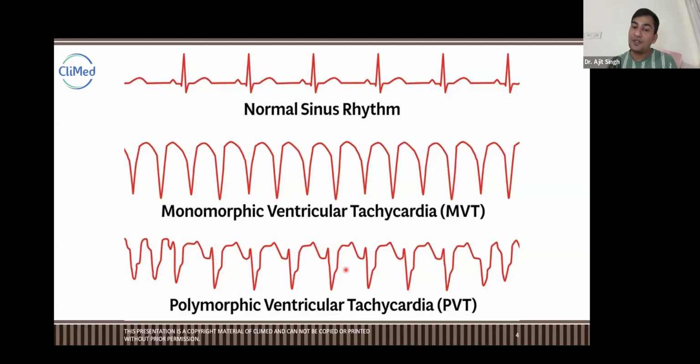Polymorphic means there are multiple morphologies, perhaps because of reentrant circuits, and the QRS is varying in each beat. That is called polymorphic ventricular tachycardia. Now it is clear, more clear, I believe.